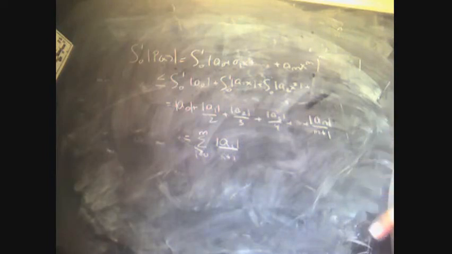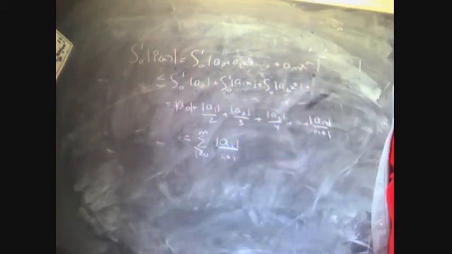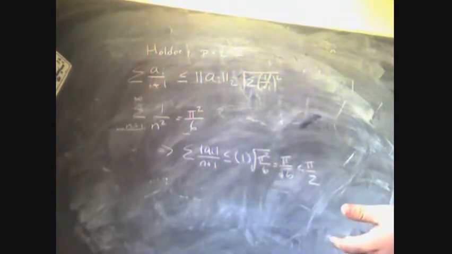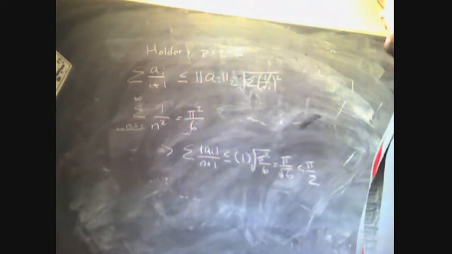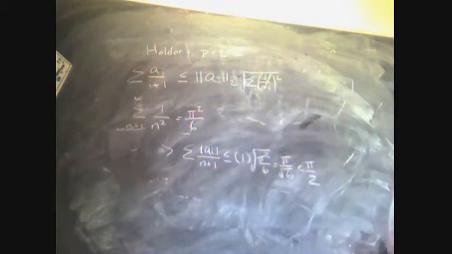I mentioned I was going to try and do my bad solution, but for time purposes, I'm going to show 2 good solutions. For our first easy solution, let's just revisit our Holder's inequality, which we used in a problem a little while ago. For this case, we're going to use p and q to both be 2, because 1 over p plus 1 over q is 1/2 plus 1/2 is 1.